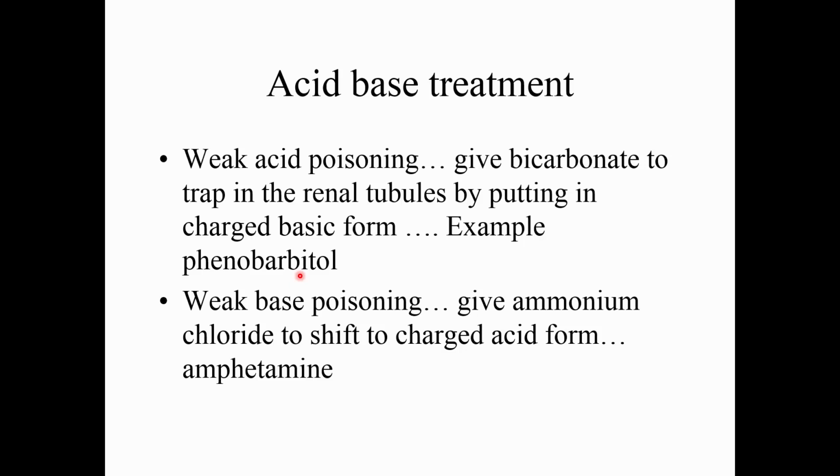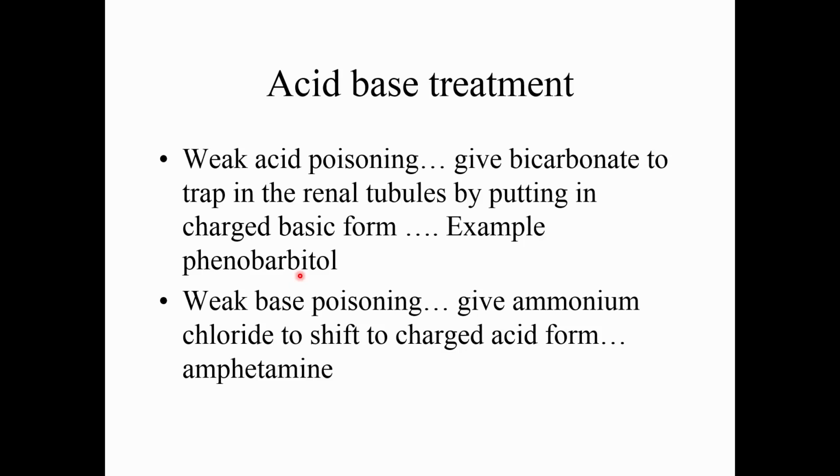You'd give them bicarbonate IV. Now that wouldn't change your plasma that much, but all that bicarbonate then gets filtered in the kidneys, changes the pH of the urine, keeps phenobarbital in the charged form, and you're going to pee that stuff out.